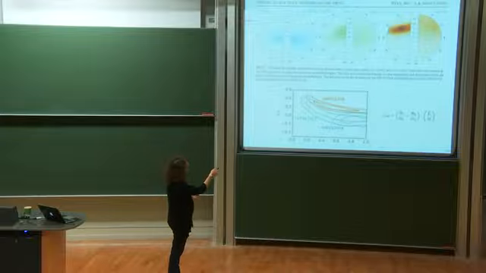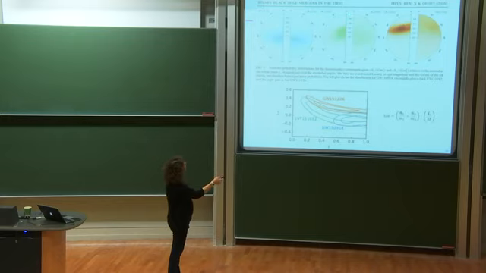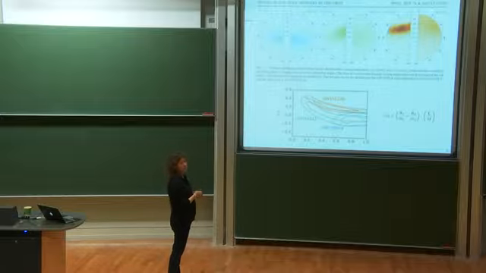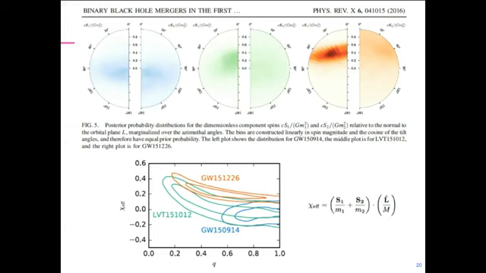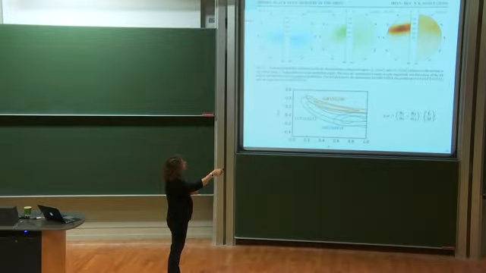These are for the September 14 candidate, the October candidate, and the December data, the December event. Look, this is the one that has the strongest contrast in colors, which means that it is the one for which we can estimate something. And the estimate in this direction is the magnitude of the spin, and in this direction is the direction of the spin for the primary mass and the secondary mass. So you can see that there is something in here.